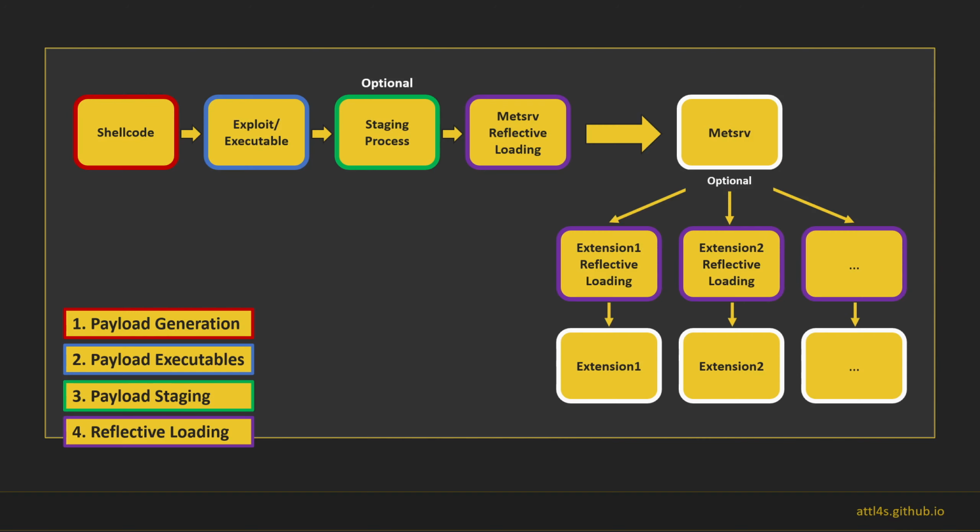So this is the agenda, but as a picture, the payload generation, which is the first section we are going to see, is this one. When we generate a Meterpreter payload, Metasploit is going to generate shellcode. Then we can insert that shellcode into an executable recipient, or we can use that shellcode via an exploit.